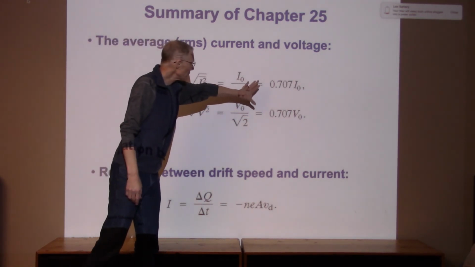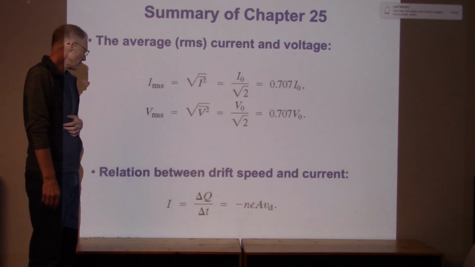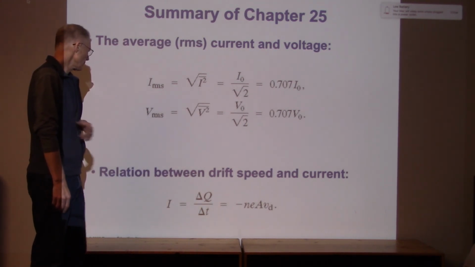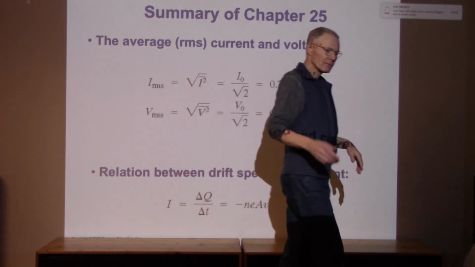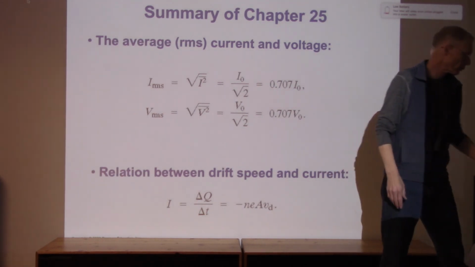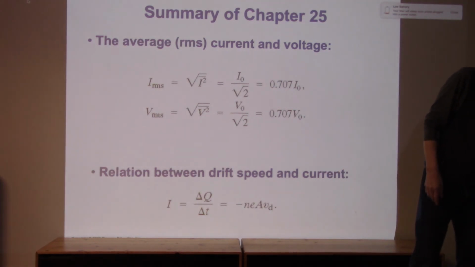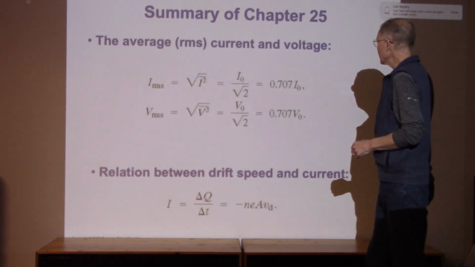And they're related to peak values by that 1 over square root of 2, or about 70.7%. And then finally, our formula for drift speed. How is the speed of the electrons related to the amount of current going through a wire? And that's it. So any questions, send them my way.